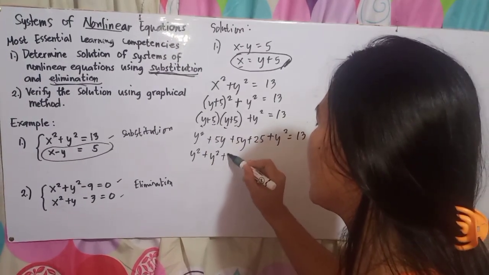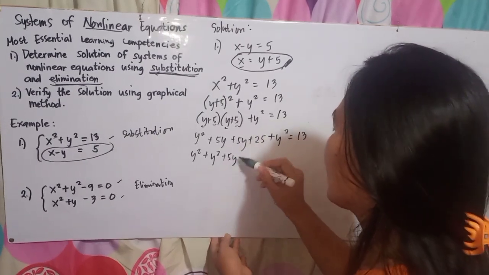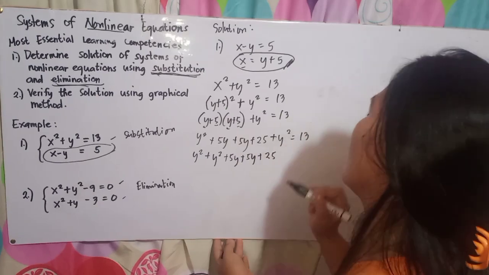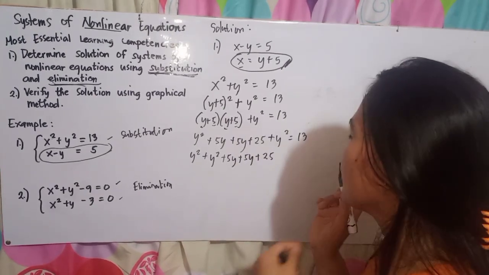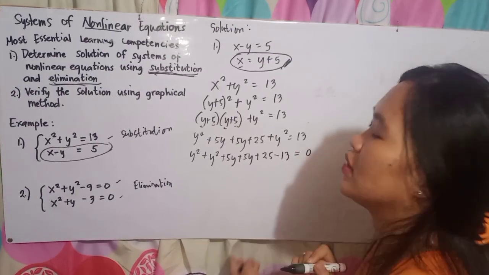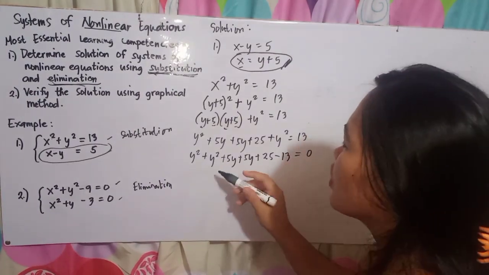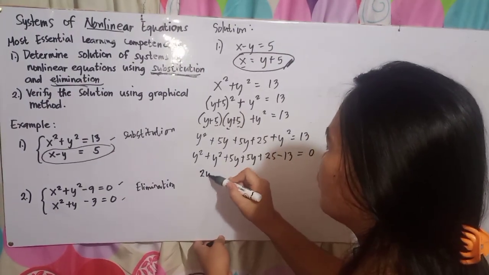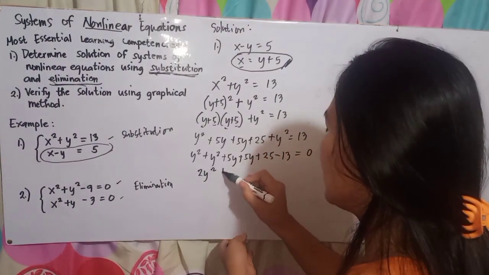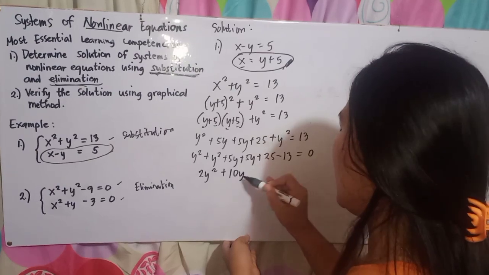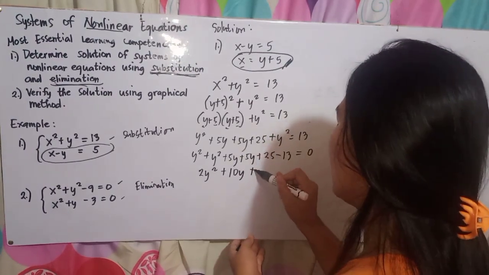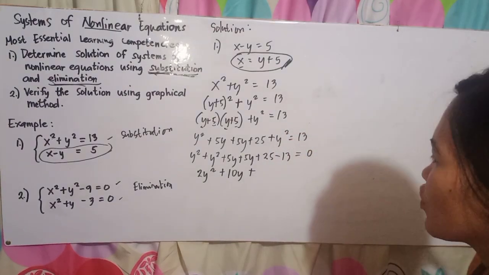Then copy plus 5y plus 5y plus 25. The 13, transfer it, so minus 13 equals 0. So, y squared plus y squared is 2y squared. 5y plus 5y is 10y. 25 minus 13 is 12.